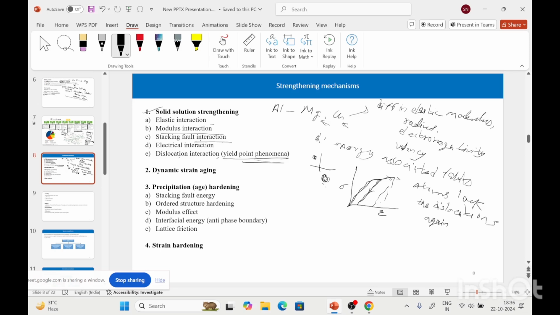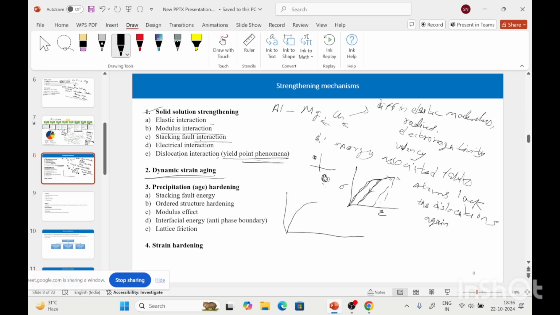The next strengthening mechanism is dynamic strain aging. It happens because with increasing strain rate, the material requires less stress for further deformation. Why does it happen?